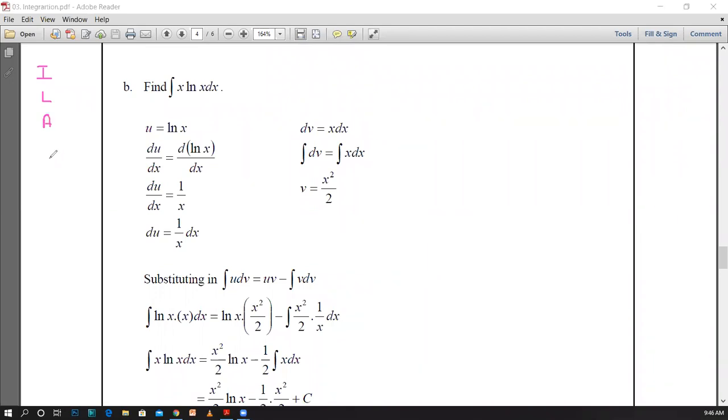When you are writing the Euler concept, T and E should be interchanged. Then, according to this example, it is just the integral of x times ln x dx. Here you can see that x is an algebraic function.